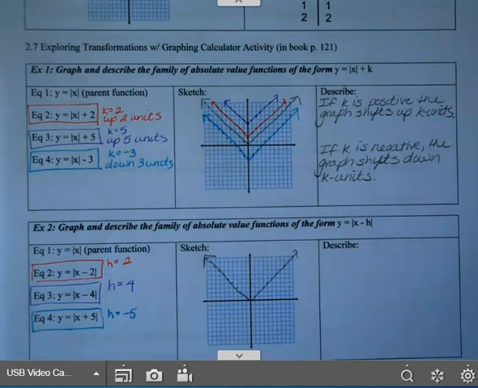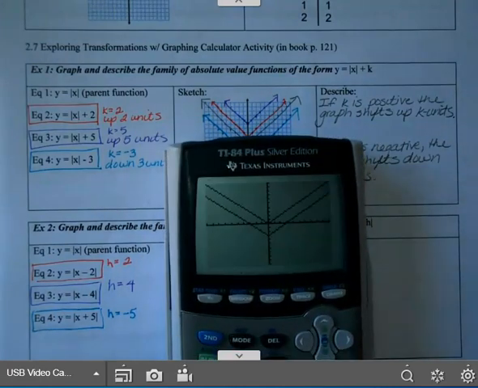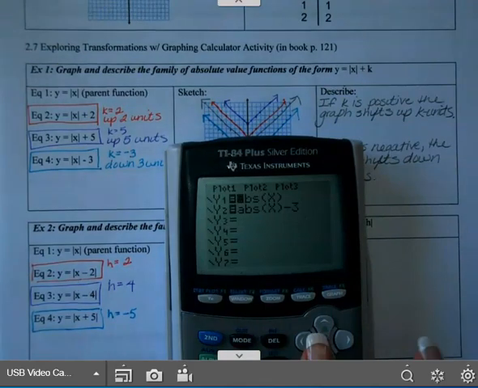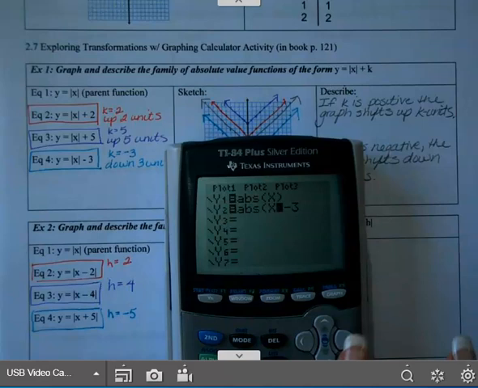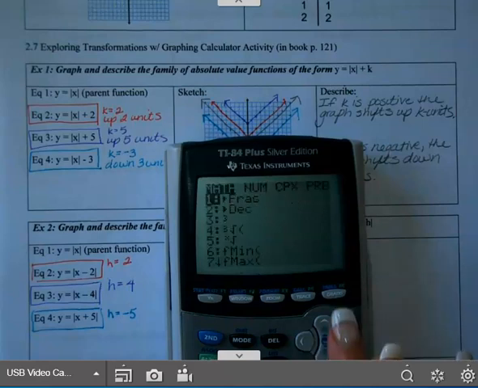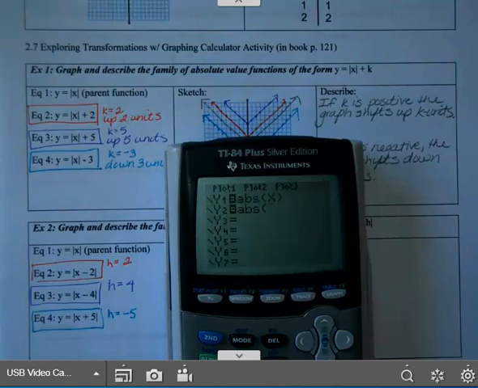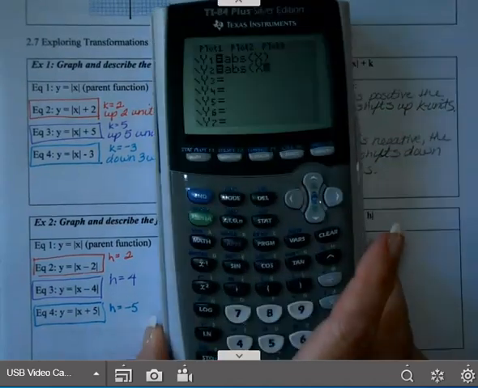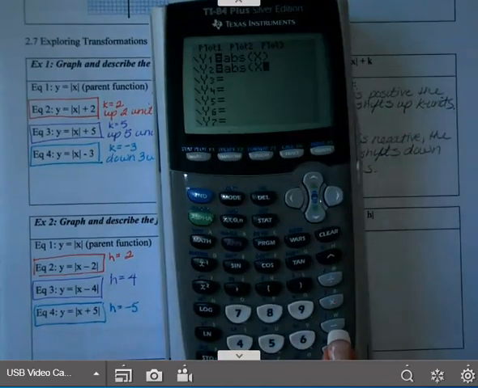Let's graph these on our calculator and see what happens. So for my second graph, I'm going to go ahead and just clear that. We'll go to math, over to number, absolute value, and I have X. Make sure you use a subtraction sign. Do not use the negative key, otherwise it's multiplying it.